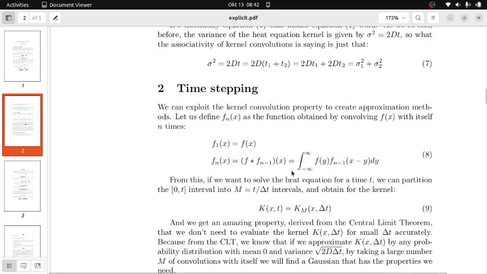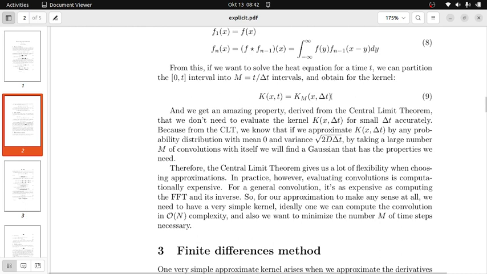And the most amazing thing is that we have this statement from probability theory called the central limit theorem, that if you take the convolution of any probability distribution, not only a Gaussian, for a large number m, the limit of this sequence of convolutions will be a Gaussian, right? That's what the central limit theorem says. It's actually a very, very powerful result.